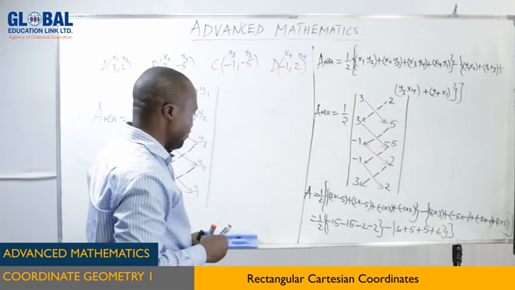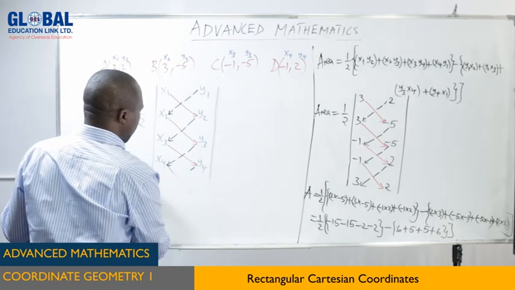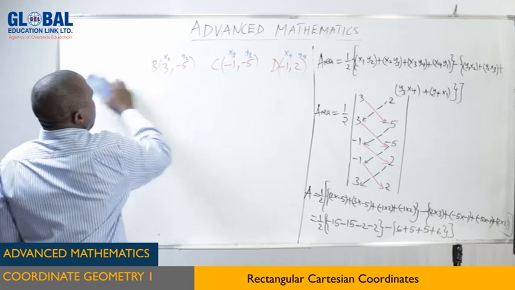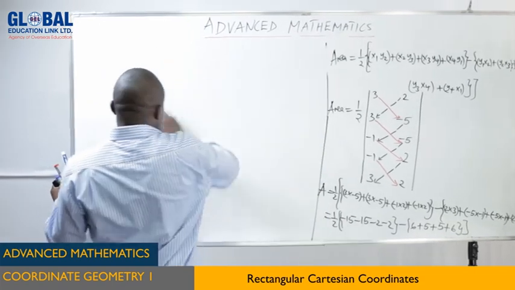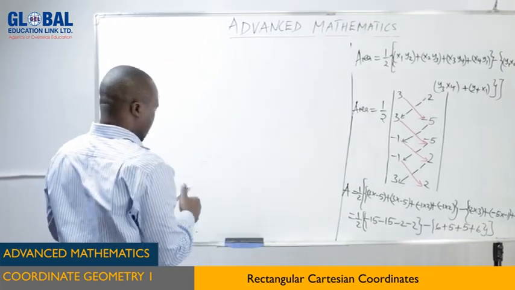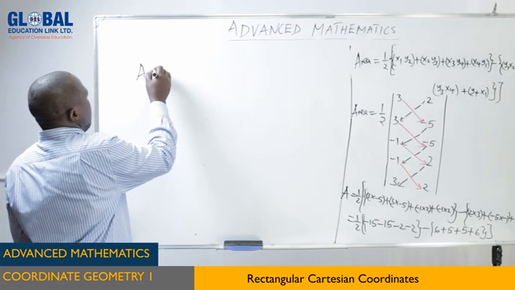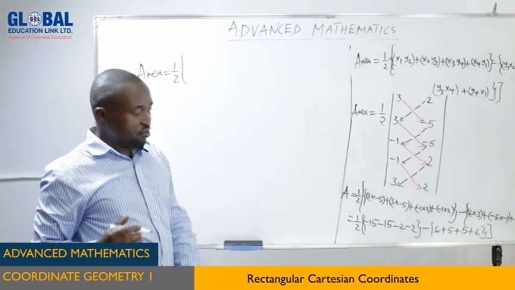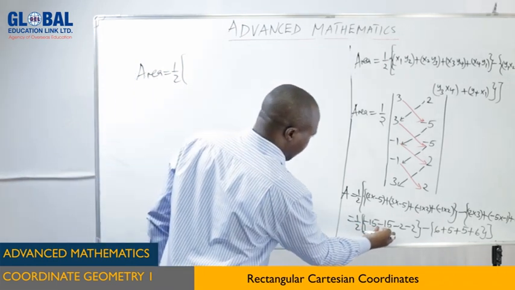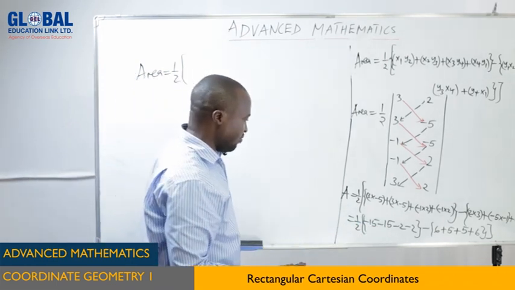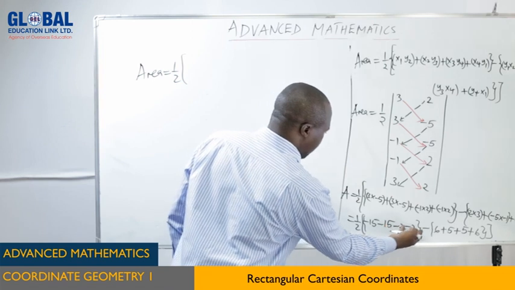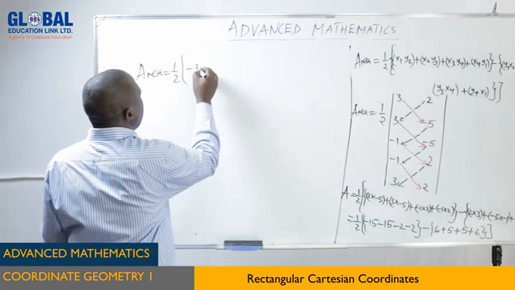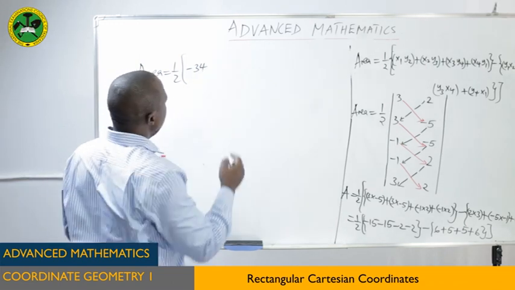In this case, we are going to have the following result. That is, area is equal to a half bracket of, we have negative 15, that is negative 30. Negative 2, it will be negative 34.